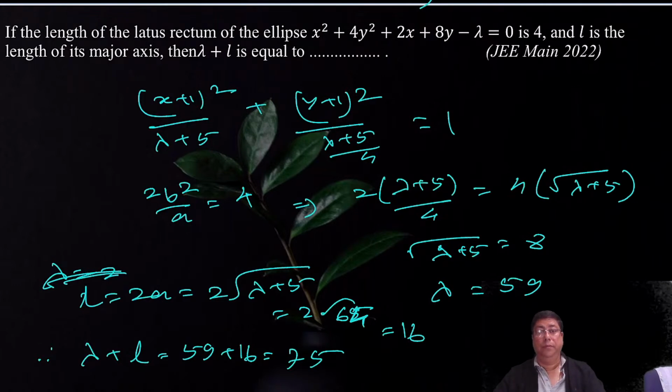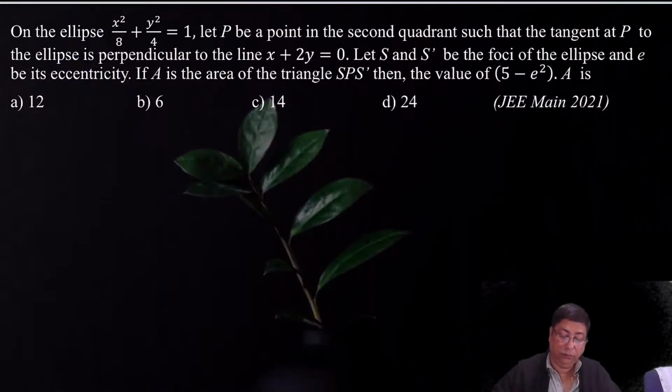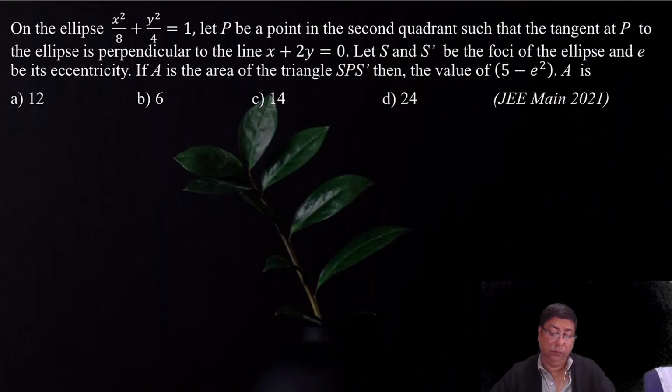Let's go to the next one. On the ellipse x square by 8 plus y square by 4 equal to 1, let P be a point in the second quadrant such that the tangent at P to the ellipse is perpendicular to the line x plus 2y equal to 0.